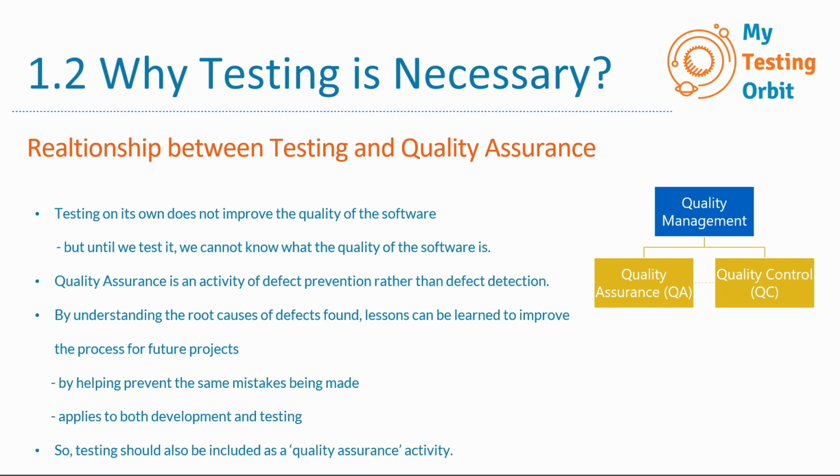Testing is basically a process where we assess the quality, we find defects, and we get them fixed, and this entire process then reduces the number of failures and eventually improves the quality of the software. But testing on its own can't improve the quality of the software. So keep an eye on these kinds of questions. The second point is that quality assurance is an activity of defect prevention rather than defect detection.